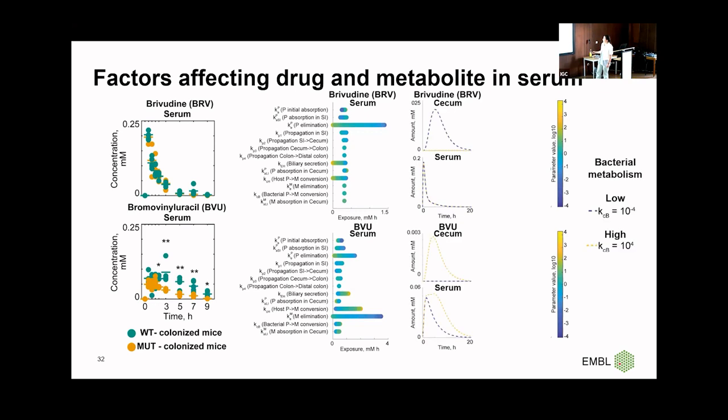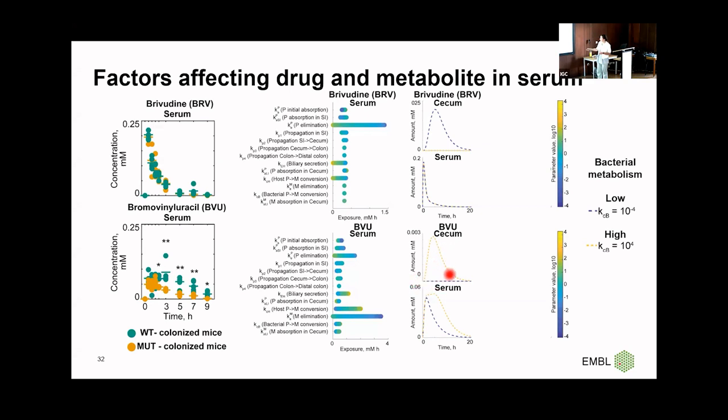Okay, so these simulations allowed us to show that in this model, parameterized for brivudin specifically, regardless of bacterial metabolism coefficient, here very low in blue or very high in yellow, we will see large differences in both drug and drug metabolite concentrations in the gut.